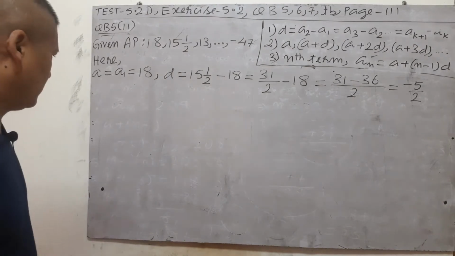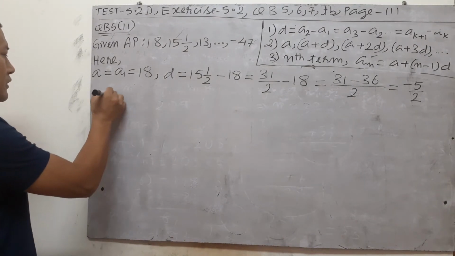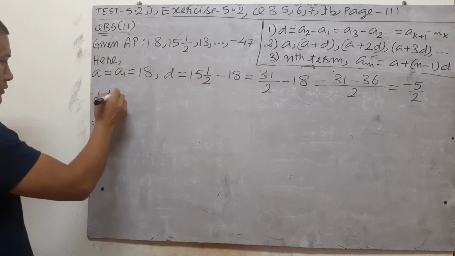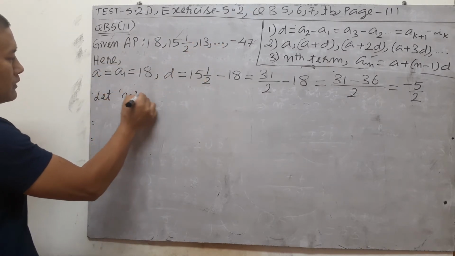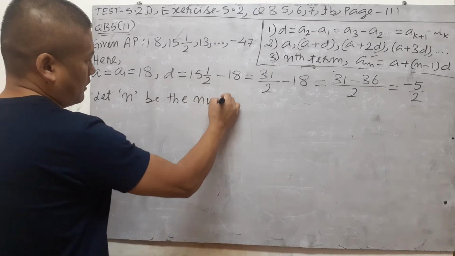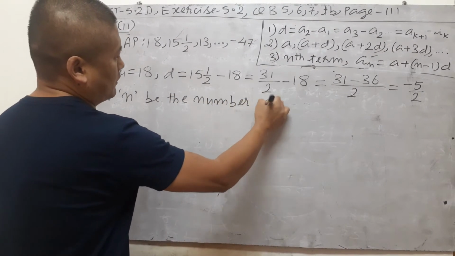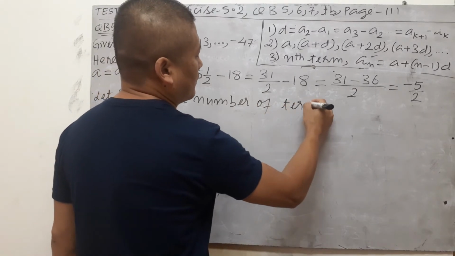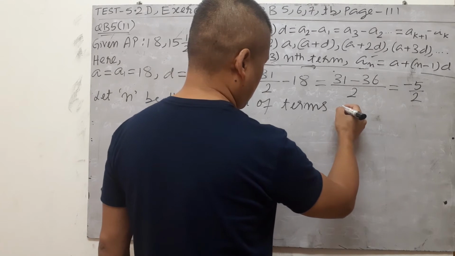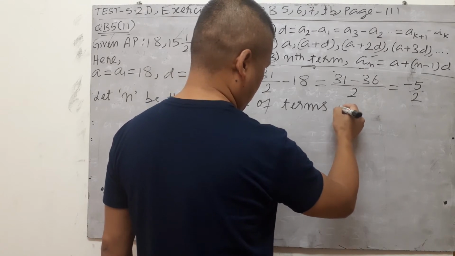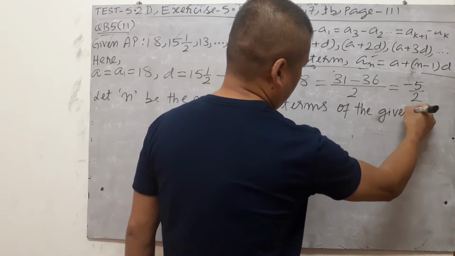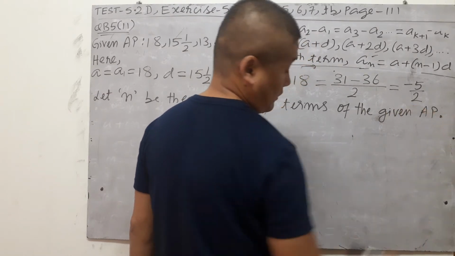Having done that, they're saying find the total number of terms in this AP. So let n be the number of terms of the given arithmetic progression.